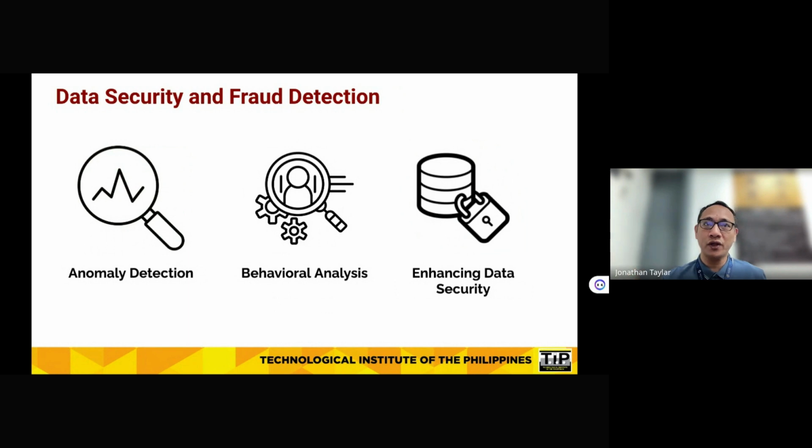AI is used for fraud detection to identify fraudulent transaction activities in finance, or behavioral patterns in financial transactions, credit card usage, insurance claims, and online transactions. Anomaly detection is also employed to detect abnormal network traffic, system activities, or user behaviors that may indicate a cyber attack or security breach in computer networks or IT systems.